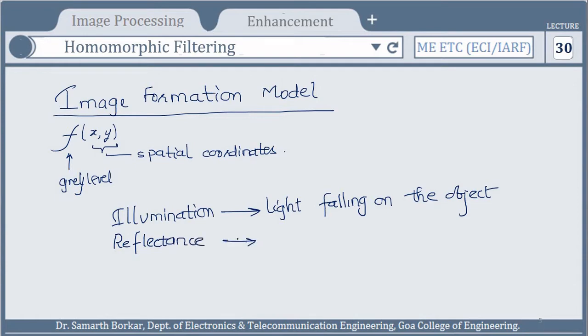What is this reflectance? This is the light reflecting from the object. So these are the two terms, illumination and reflectance. You can think of a light source as an illumination, and whatever light is reflected from the object is termed as reflectance.